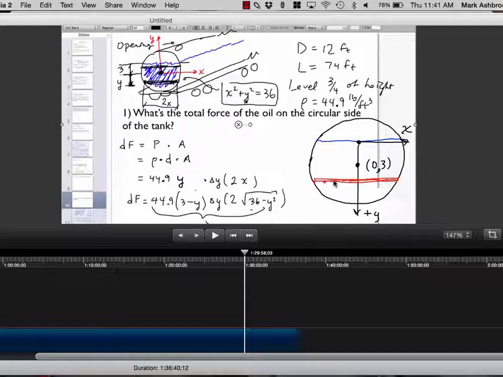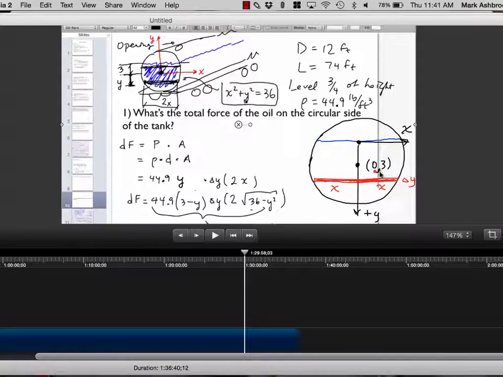So my typical strip is going to have area, it's still going to be delta y and it's still going to be 2x. So this is x and x. The only difference is the equation of the circle will be different, because now our origin is up here, not in the center of the circle.